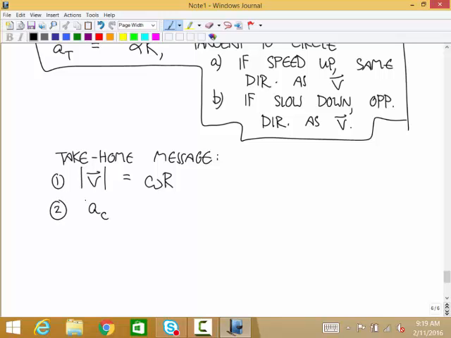The magnitude of the centripetal acceleration is equal to omega squared times r, which is also equal to the speed squared over r. And the third one is that the magnitude of the tangential acceleration is equal to alpha times r. All you need is the magnitudes. And then you can figure out the directions separately.